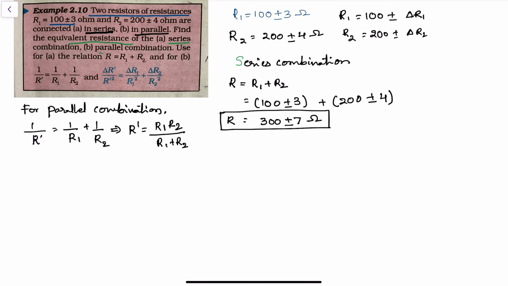Just substitute, you will get it. R dash is equal to R1 is 100 into R2 is 200 by 100 plus 200, which is about 66.7 ohm. If you do the calculations, you will get that.